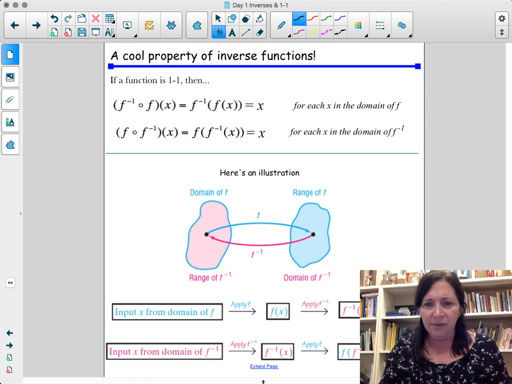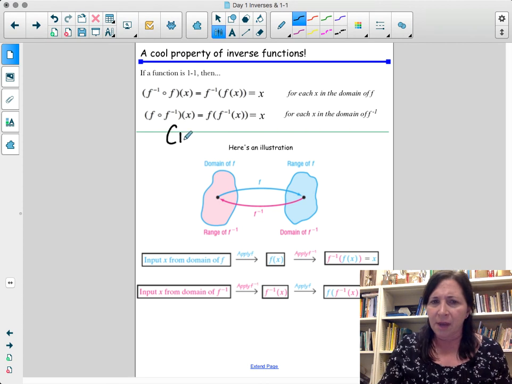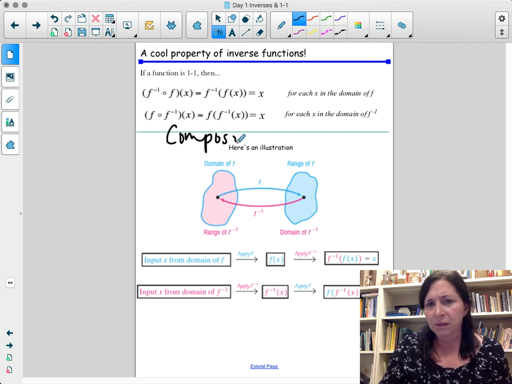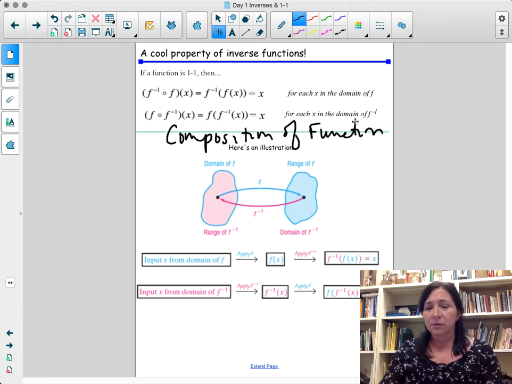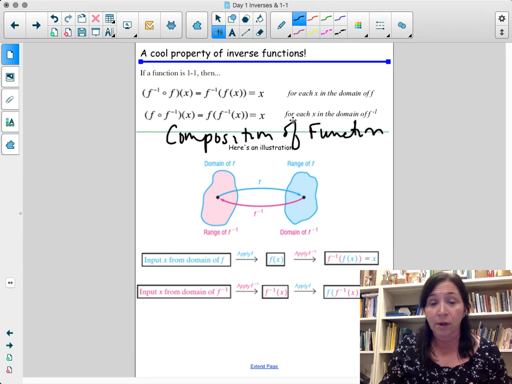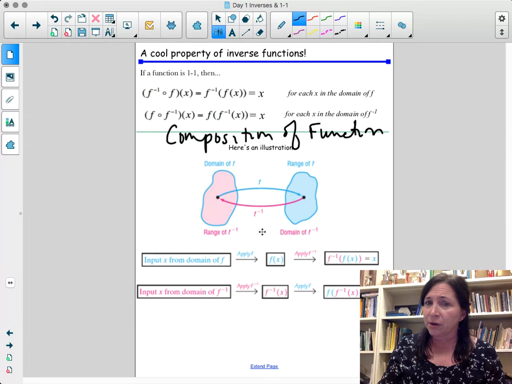This is actually pretty important. This slide talks about composition of functions, which is another way of finding the inverse, or telling if two equations are inverses of each other.